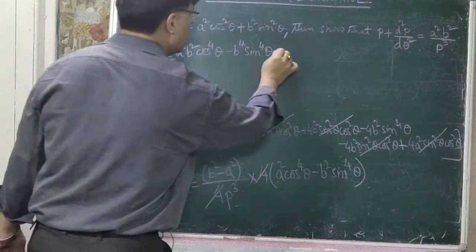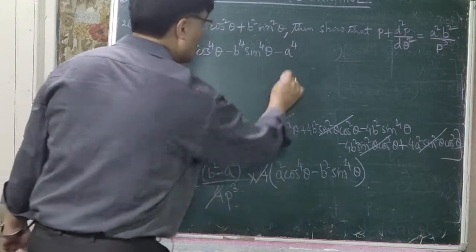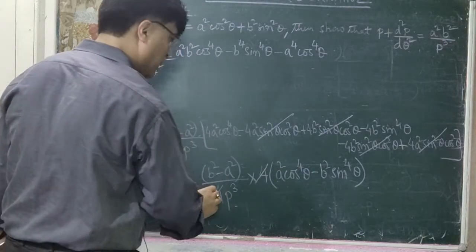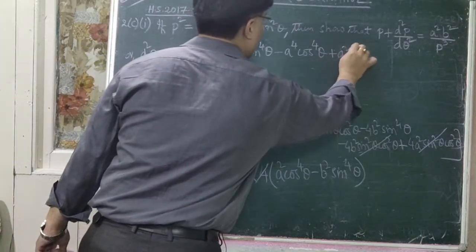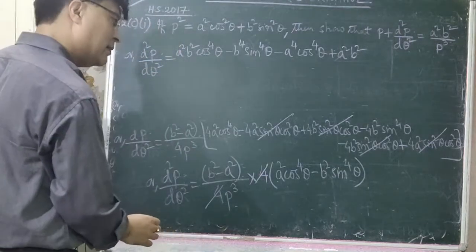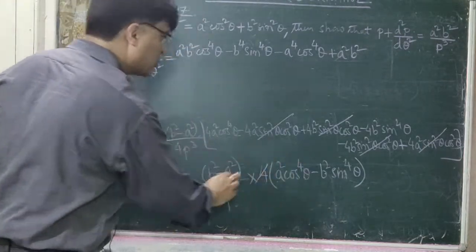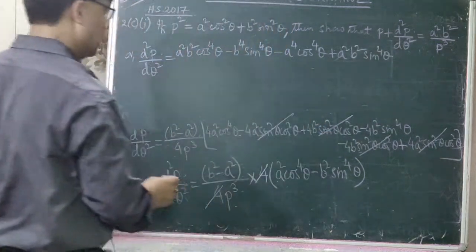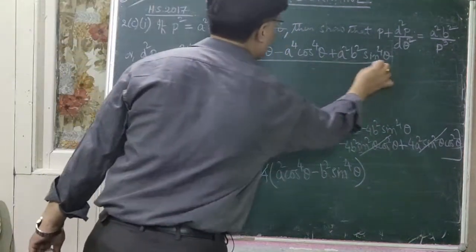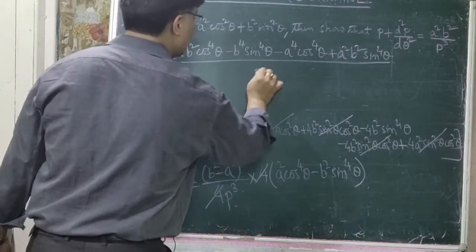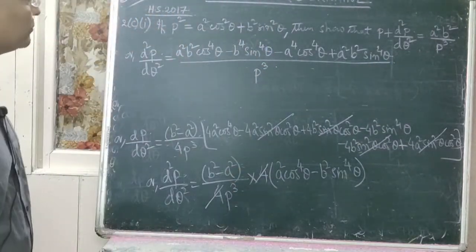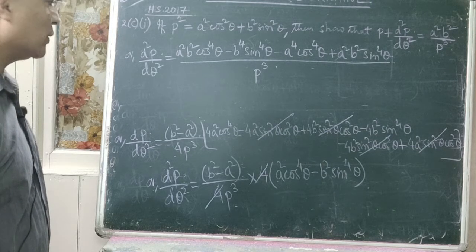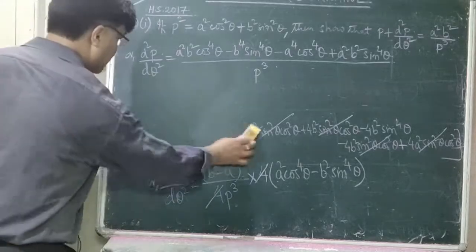Next, minus a⁴ cos⁴θ, okay, and minus into minus plus a²b² sin⁴θ. This whole divided by, what will you write here? This is your p³. So I think you have understood it. Okay, now let us simplify it further.